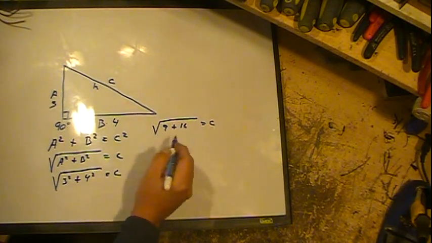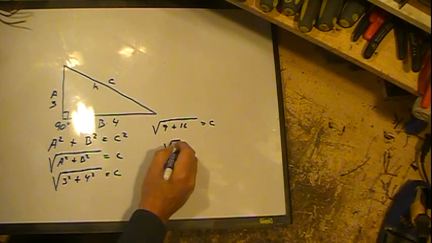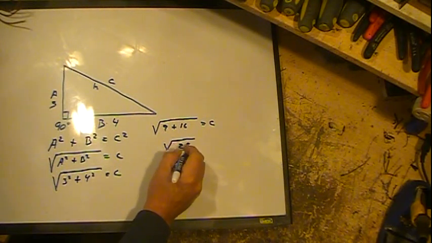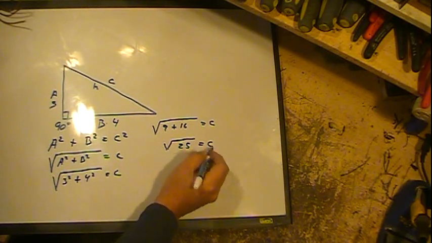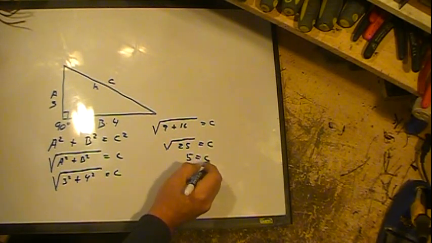Add those two together and I have 25. Take the square root of 25, and C equals 5.